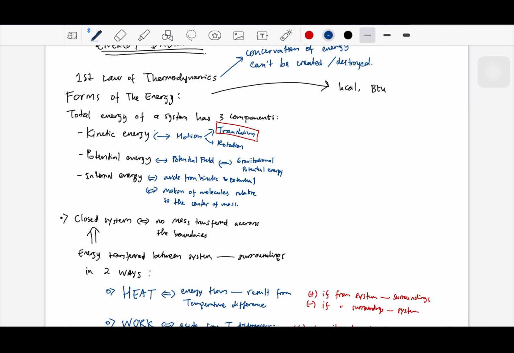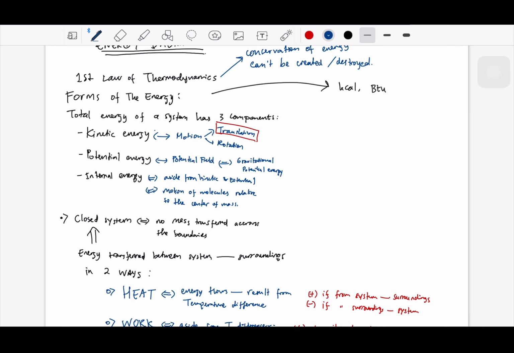So since we are talking about system and surroundings, and we are also talking about the first law of thermodynamics, to relate those two terms, the conservation of energy and the system, we are having this kinetic, potential, internal energy, and we are looking at the system.